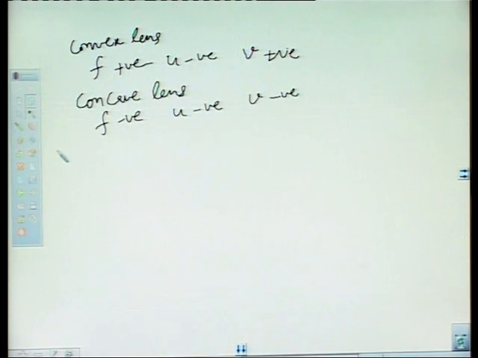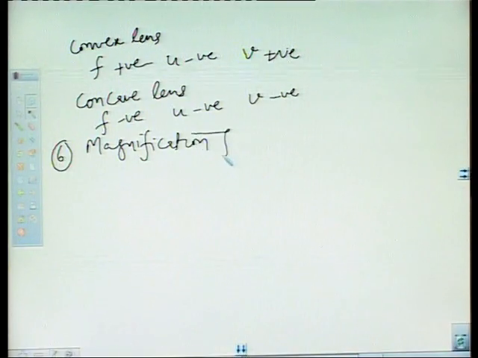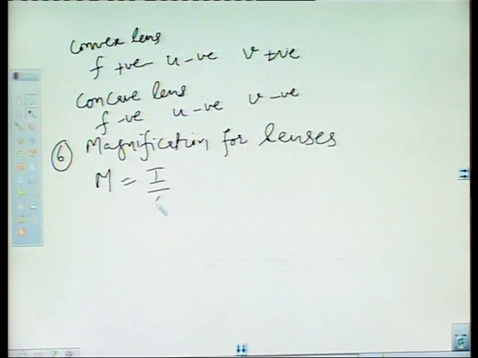Now the next is the magnification for lenses. m is equal to i upon o.